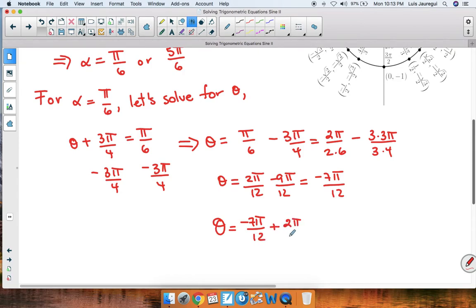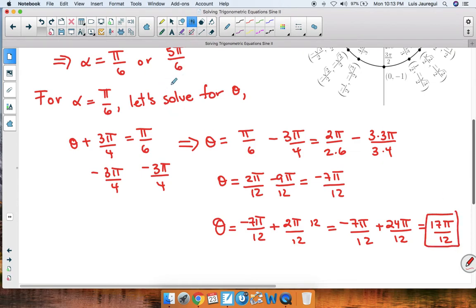Now again, we need to get the same denominator, so let me multiply this one by 12 over 12. So this gives you negative 7 pi over 12 plus 24 pi over 12. Now doing the math, 24 minus 7 becomes 17. So this is just 17 pi over 12. And that's one of your angles here.